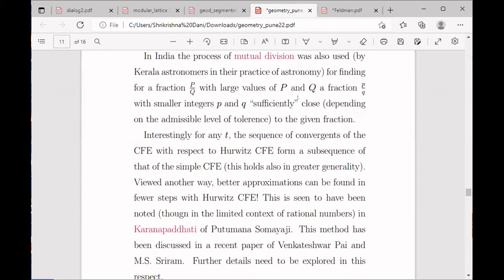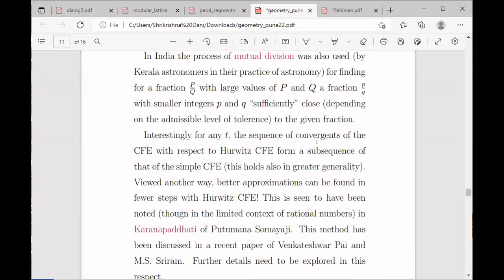Interestingly, this was not done only with respect to the simple continued fraction, but also with respect to what we call the Hurwitz continued fraction. In other words, given a rational number, you would do the mutual division, not necessarily staying on the same side. You do the mutual division depending on what gives you the next remainder to be smaller.